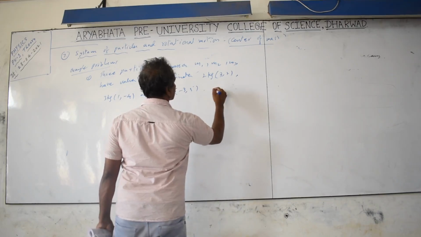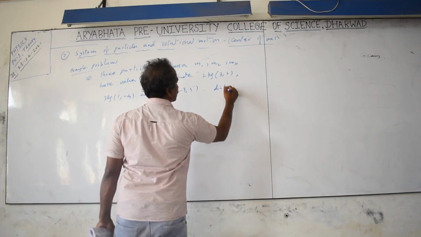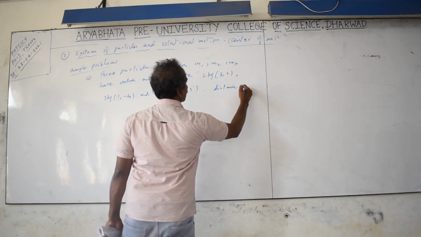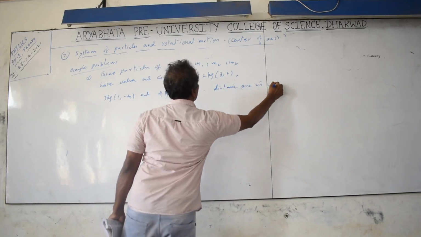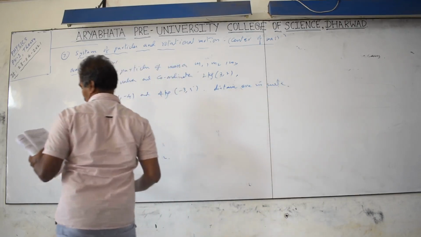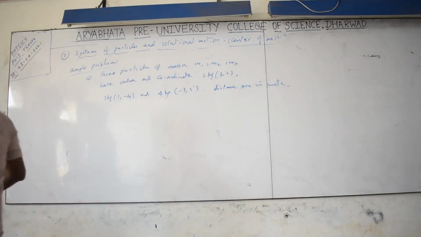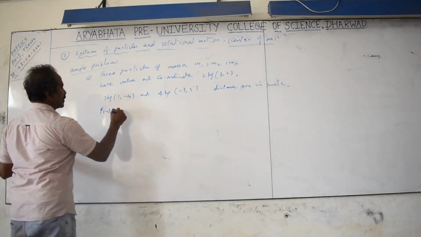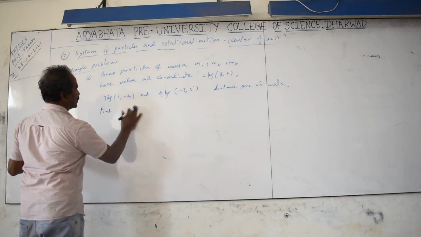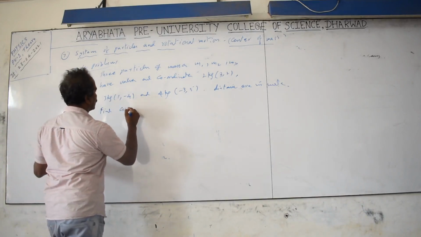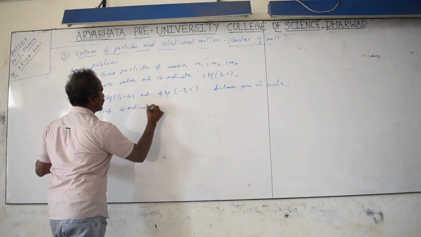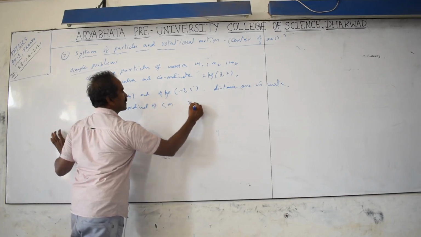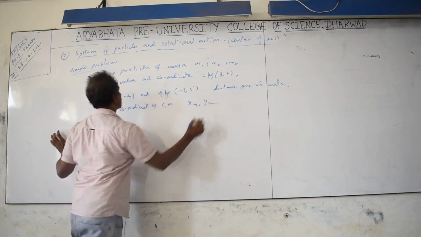Distances are in meters. Find the coordinates of the center of mass, x and y, that is xcm and ycm.